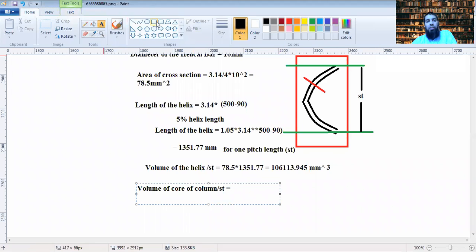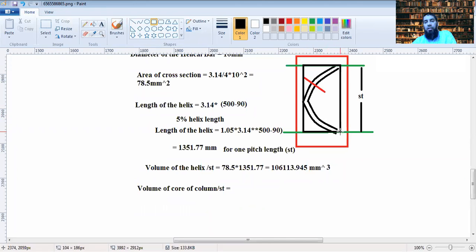Volume of core of column here would mean everything within this helix, the rest of the portion within the helix. This portion you have to calculate, and because this is winding around, this portion is also included in the volume of the core.